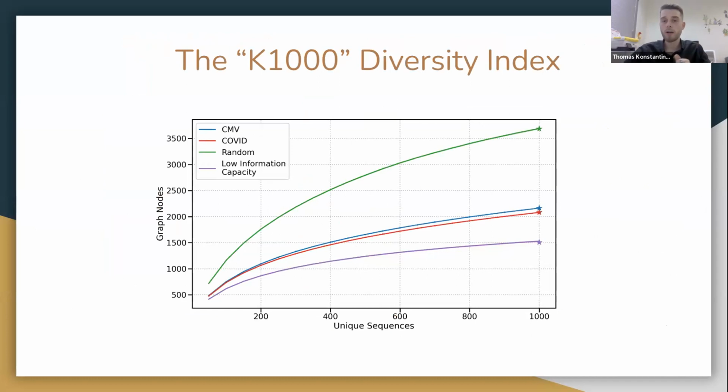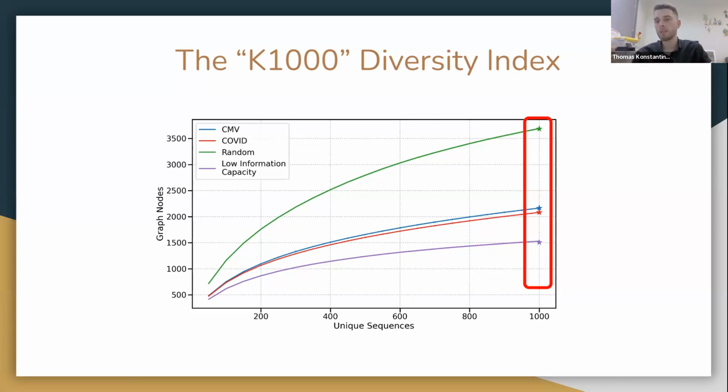Now, when we look at the average number of nodes we received when taking 1,000 sequences, which is the K1000, we see that even though using the traditional diversity metrics all of them share the same diversity, you can see here how they are completely different from one another. The random repertoire gives us an upper bound for what a really diverse repertoire is, meaning all sequences are completely disconnected from one another, having no connection whatsoever.